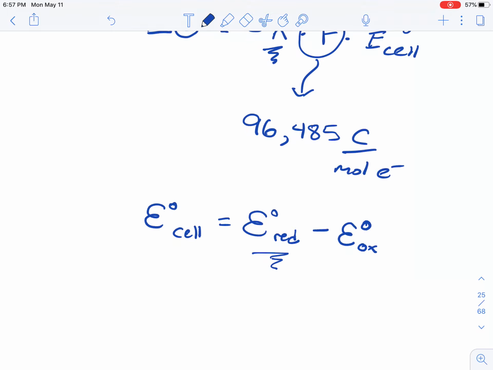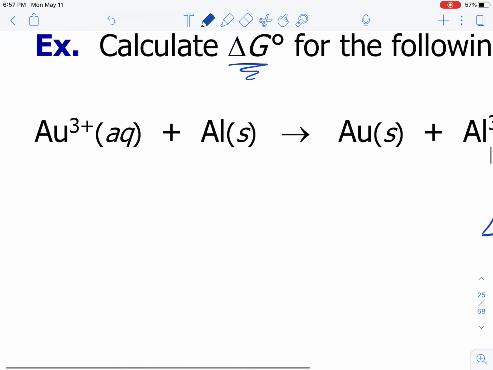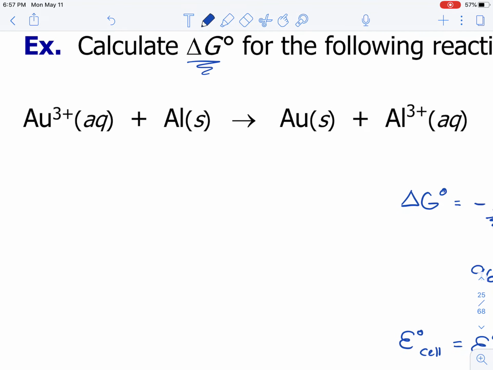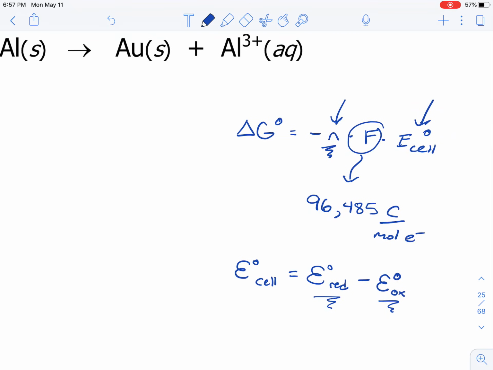But we just need to know if gold is going to be oxidized or reduced, and if aluminum is going to be oxidized or reduced. Once we figure out what's oxidized and reduced, and after we look up their standard reduction potential values using the reference sheet, then all you need to do is plug in those values in their correct positions in this equation to figure out the standard cell potential.